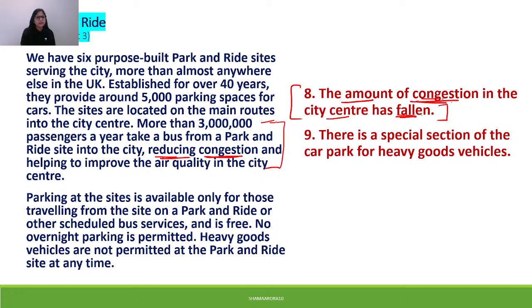So this statement here: more than 30 lakh passengers a year take a bus from a park and ride site into the city, reducing congestion and helping to improve the air quality in the city center. So in the city center, congestion is getting reduced, and this is the same thing written here. When we get the same thing written here, the meaning is matching, so what would the answer be, guys?